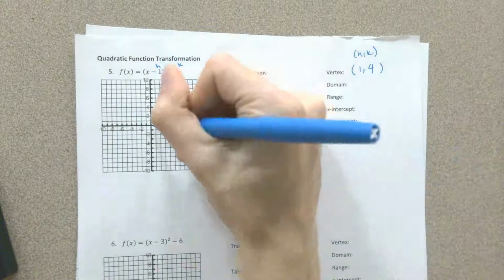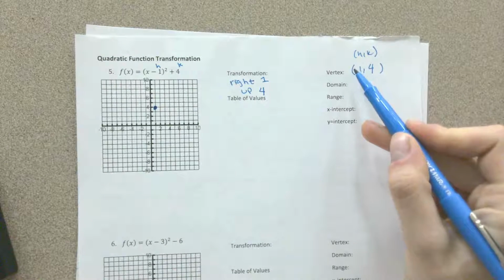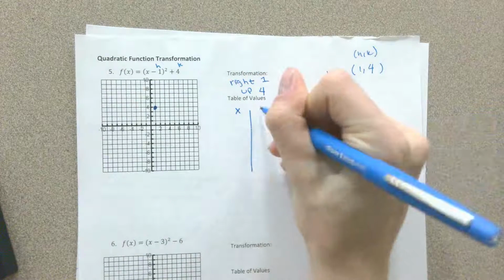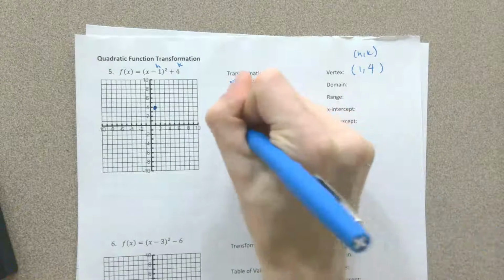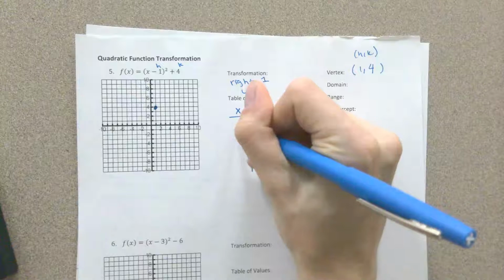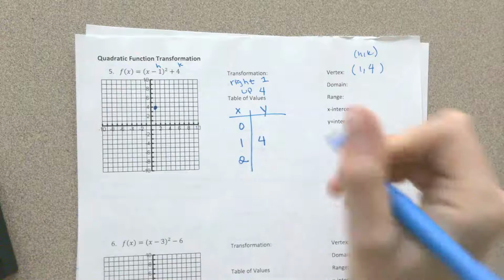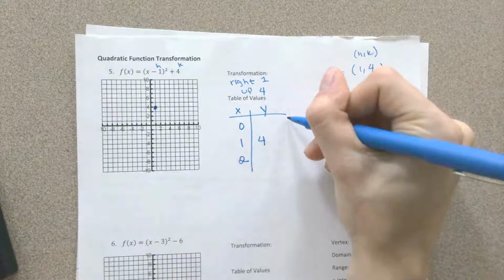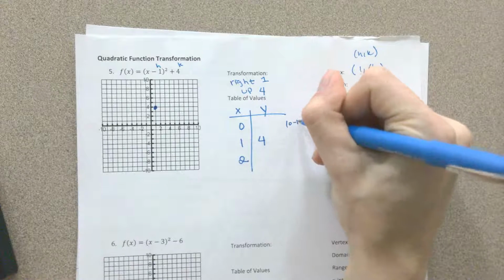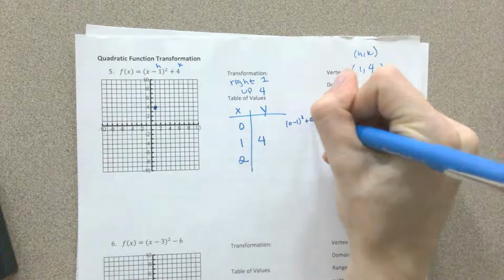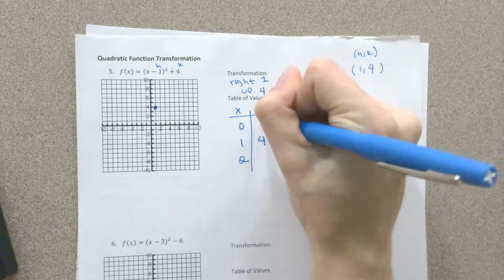So we can go ahead and go to the right 1 and up 4, and that's going to be our vertex. Okay. Making a table of values, I would always start with my vertex, and then I would go 1 this direction and 1 this direction. 0, and plugging this in, we have 0 minus 1 squared plus 4 gives me negative 1 squared plus 4, which gives me 5.